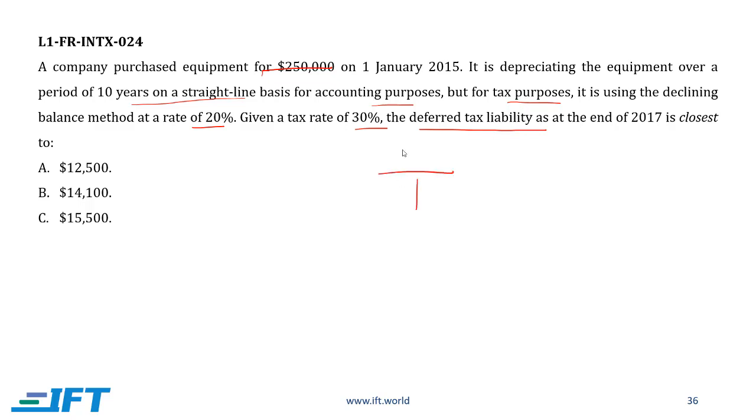So this is your accounting and this is your tax. Am I right? So where are we using double declining? Your depreciation is high over here and your depreciation over here would be low. Your earnings before tax would be low over here and high over there.